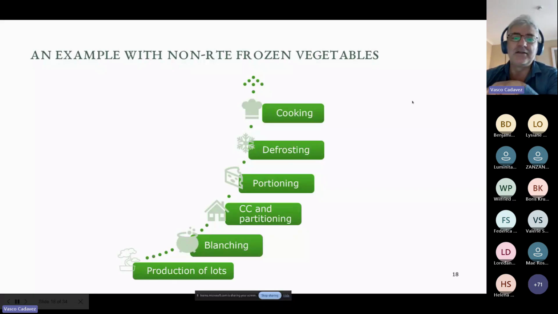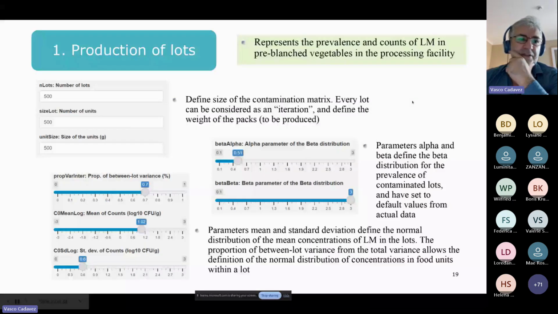So these are the steps that you can see. At production lots, you can define the number of lots that you want to test, the size of lot, and the unit size, whether your bag is a bag of 500 grams or 1,000 grams, 250 grams. There are different situations. You can model that.